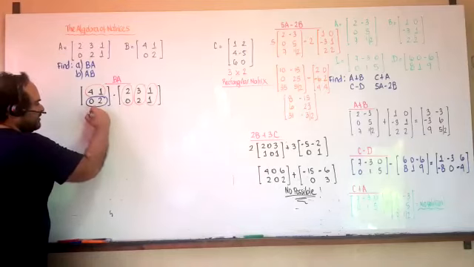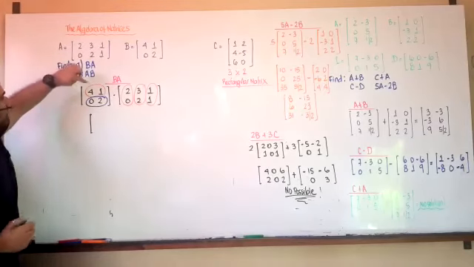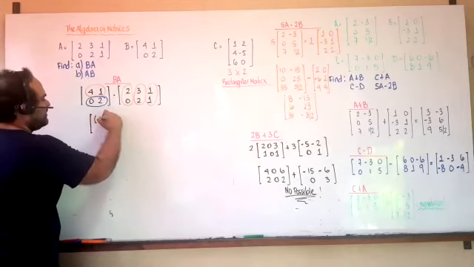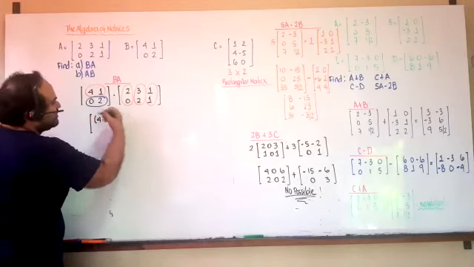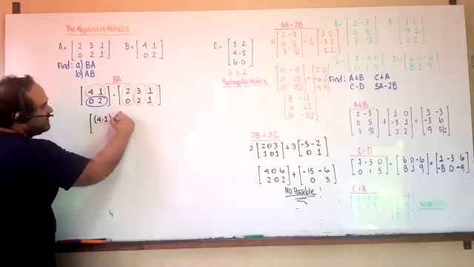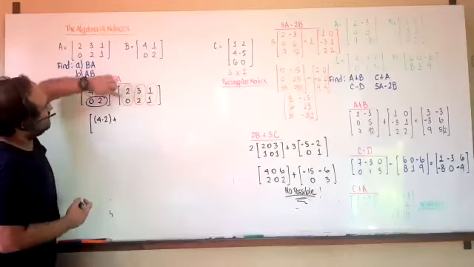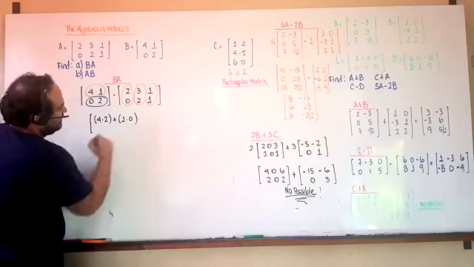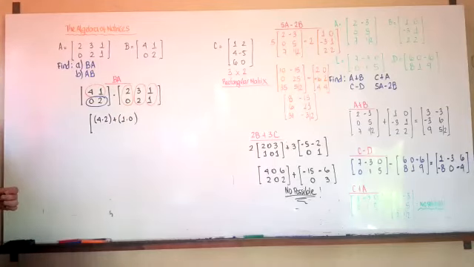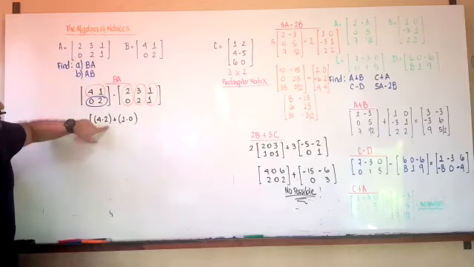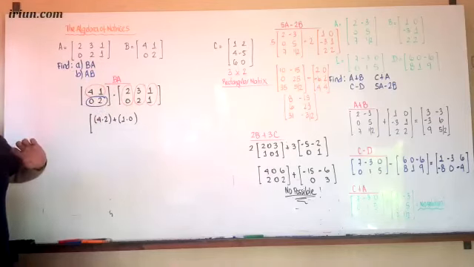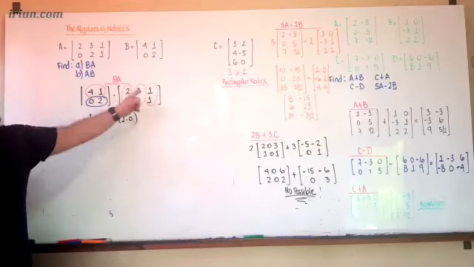I'm going to show you what the process will be. Please focus, pay attention. I'm going to multiply 4 times 2, and the result, I'm always going to add the second product, I mean, 1 times 0. And that's it. Again, 4 times 2 plus 1 times 0. And we got the first answer. Repeat the process with the second column.